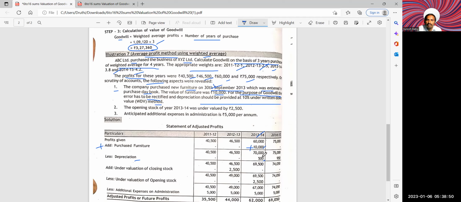Why 500 rupees depreciation? Though it is 10%, I will add the working here. How much is the cost? 10,000, correct? Into what percentage? 10%.